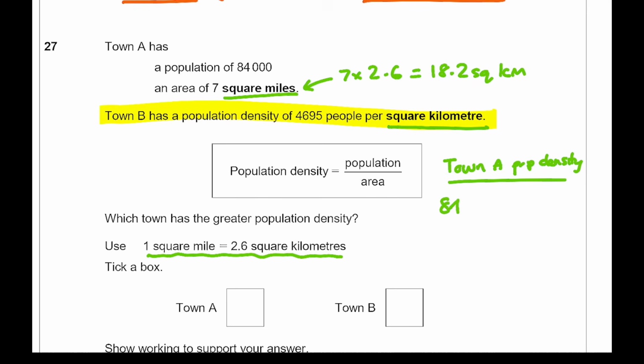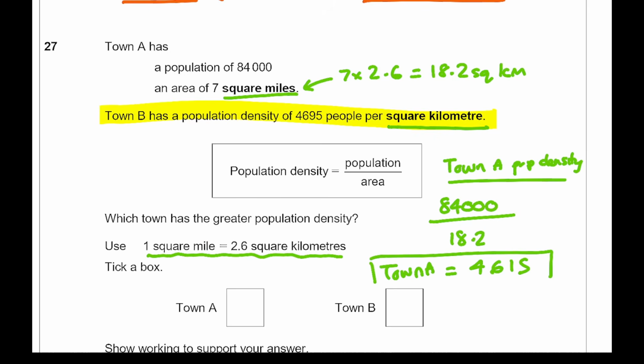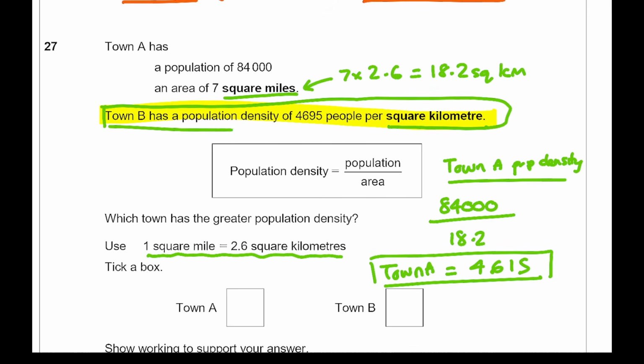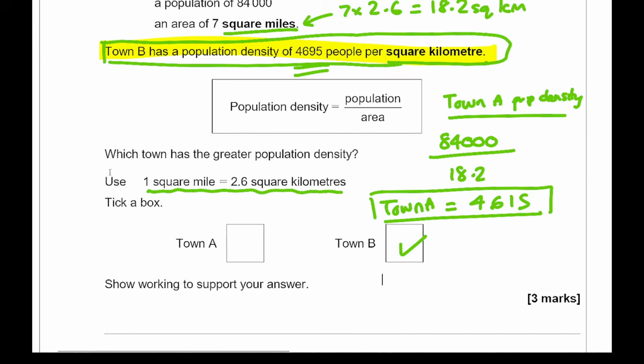So the population is 84,000 divided by 18.2, and that gives me an answer of 4615. So that's for Town A. Comparing this number here with this number here, which number is bigger? Well, Town B, and there is my working out for that. And that concludes the end of this paper.